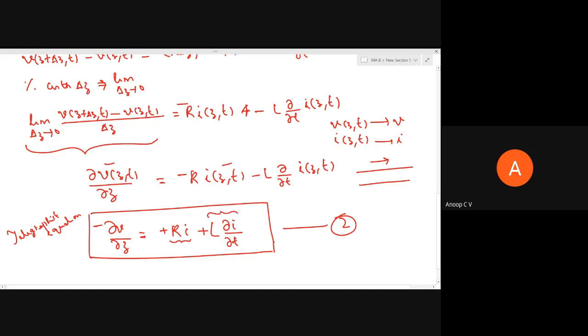This inductor will store some of the energy, so voltage will be developed across it, and there will be a voltage drop across the resistor. That is the meaning of this particular equation.